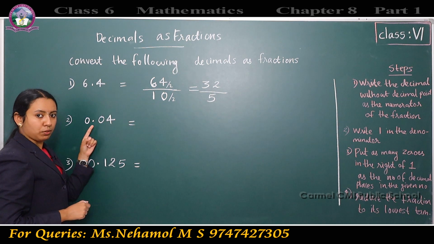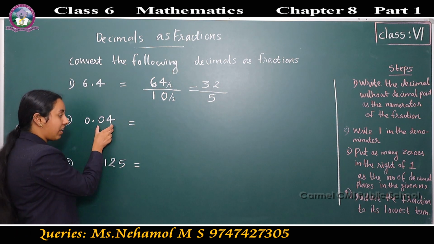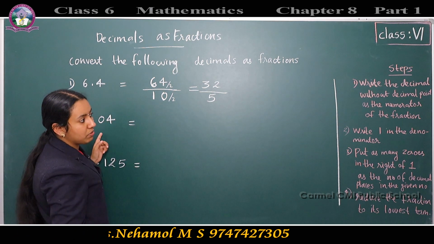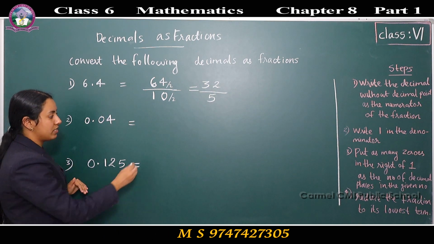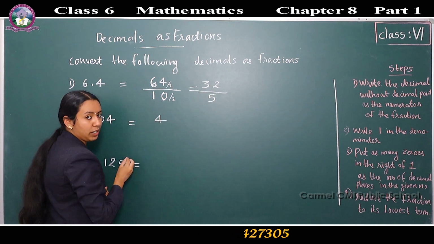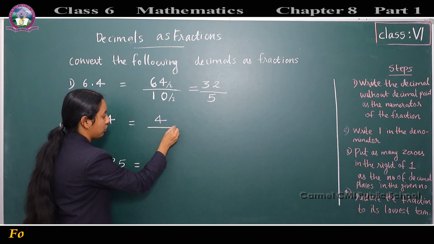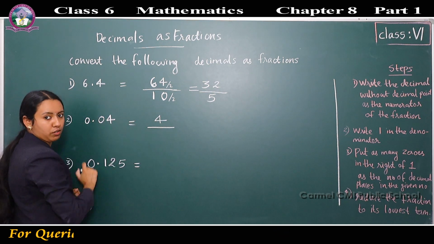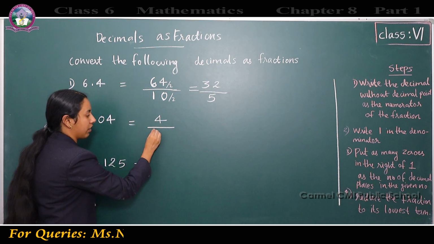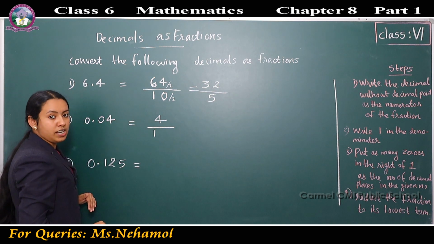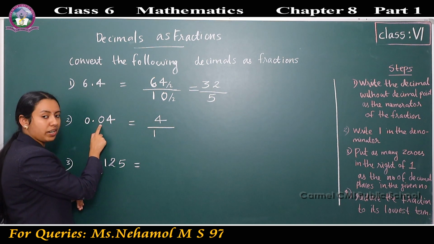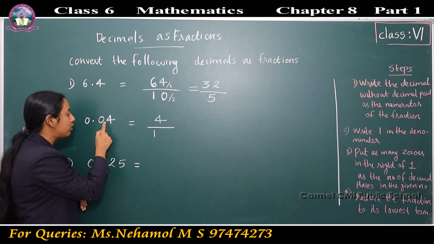Then next question, 0.04. What is the step? Write the decimal without the decimal point as the numerator of the fraction. For 0.04, that means 4. Then write 1 in the denominator. How many decimal places are here? 1, 2.